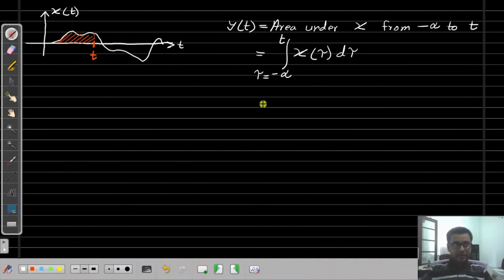This area is given as the convolution of x and u, where u is the unit step function, step signal.